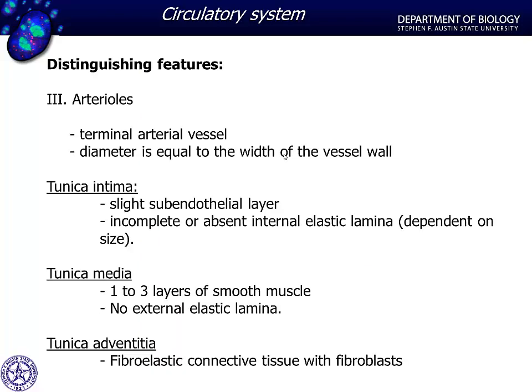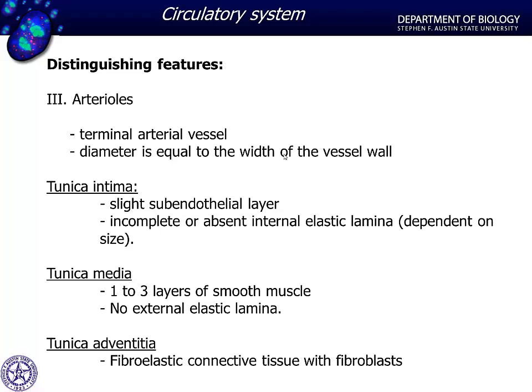Now, as we continue to get smaller in diameter, we get to the arterioles. And these are the terminal arterial blood vessels, just immediately before we get to our capillaries. And with our arterioles, the diameter is approximately going to equal the width of the vessel wall. Now with our intima, we may not see the internal elastic lamina.